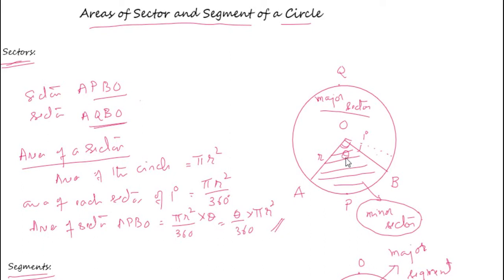If theta is the angle between the two radii of any sector, then the area of that sector is theta divided by 360 into pi r square.